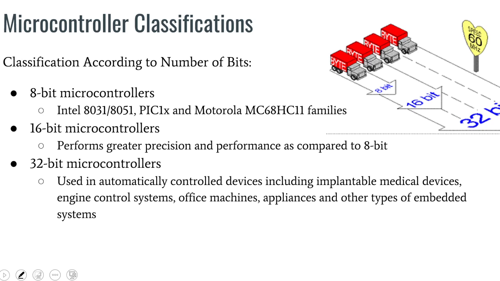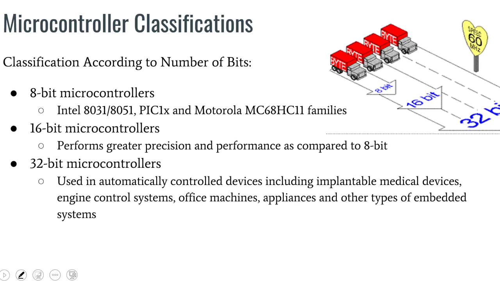Those things can also translate into how we classify microcontrollers. So for example, we can classify them according to the bit number, like 8-bit microcontrollers, 16-bit microcontrollers, or 32-bit microcontrollers, or even sometimes 64-bit microcontrollers.